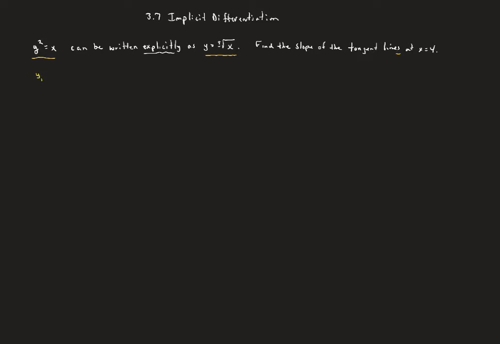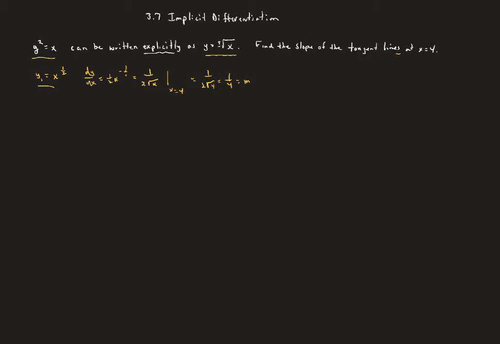So looking at our first function, say positive x to the 1/2, then we know that its derivative is going to be 1/2 x to the negative 1/2, which is 1 over 2 square root of x. So if we evaluate that at x equals 4, then we are going to get 1 over 2 square root of 4, which is 1/4. So that's the slope of the tangent line to that first curve at x equals 4.